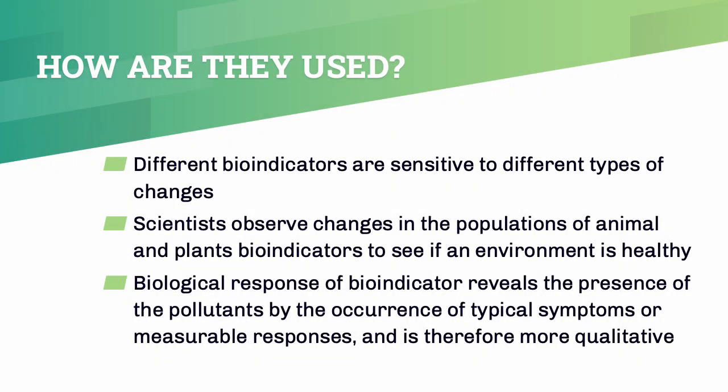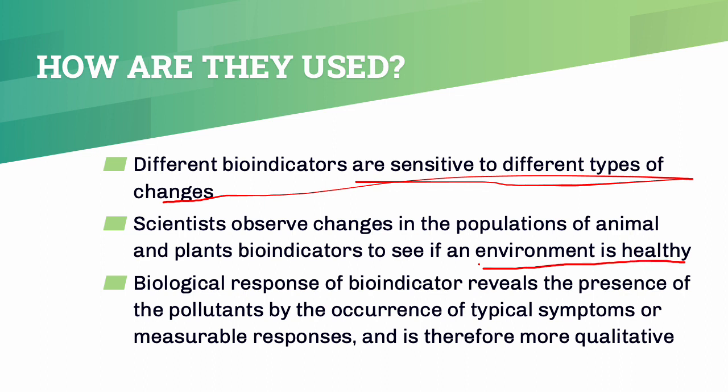Now, how are they used? Okay, so different bioindicators are sensitive to different types of changes. Scientists observe changes in the population of animal and plant bioindicators to see if an environment is healthy. So yes, as mentioned during our previous discussion, of course our environment undergoes a series of changes, di ba?